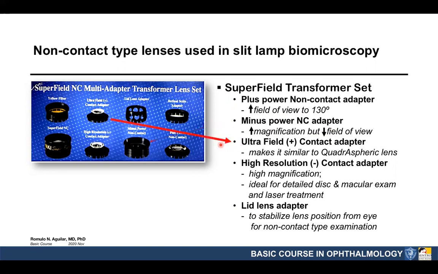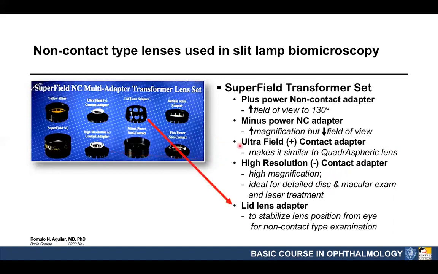If you clip on the ultra field plus contact adapter, it now transforms the lens into a contact type lens, and it makes it similar to your quadraspheric. So very wide field also. If you clip on now the high resolution minus contact adapter, you get good magnification, which is ideal for work on the disc and the macula.